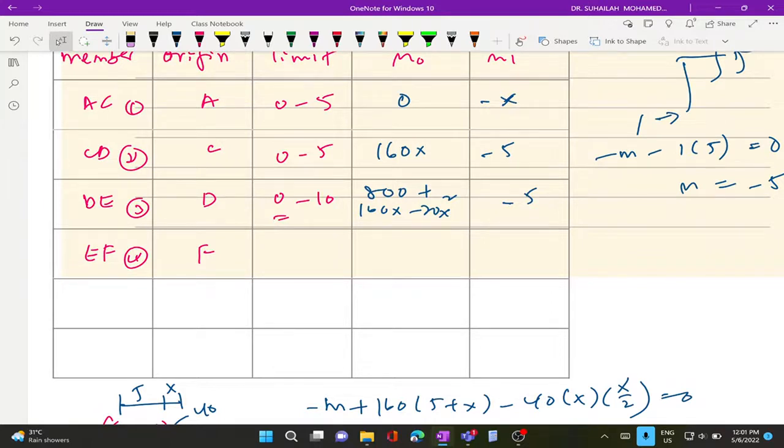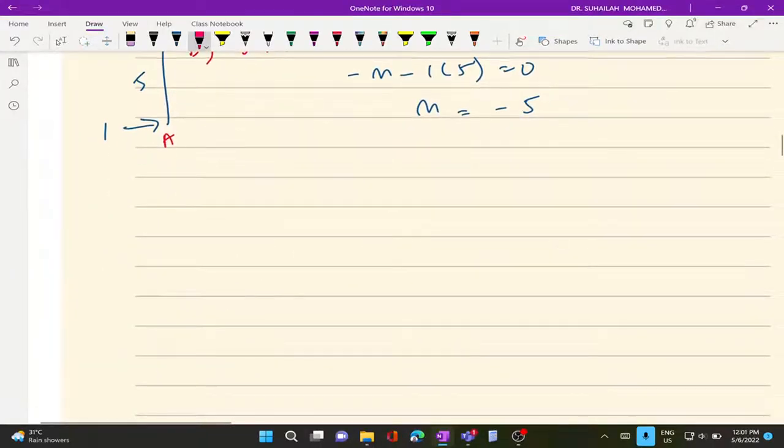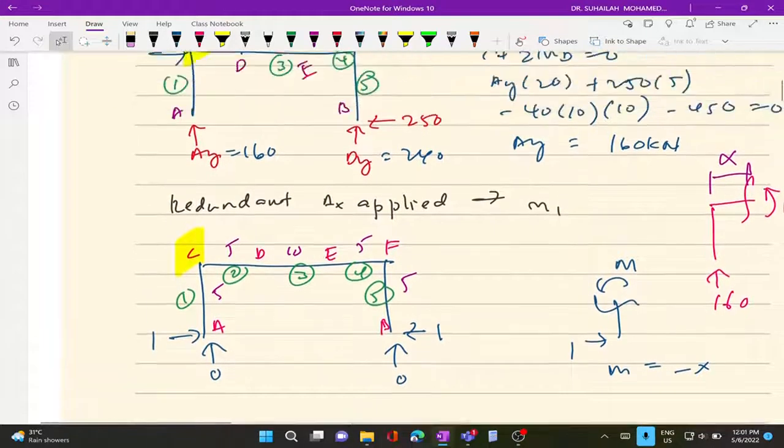Whenever kita pilih antara dua tu jadi origin, automatic limit dia akan start from 0. So in this case 0 to 5 lah. Length dia 5 meter, so dia 0 to 5. So macam mana section dia?